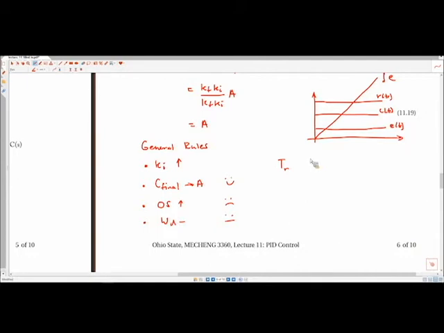It's very dependent on the system. The biggest thing is this can cause really long settling times. If you don't do this correctly, this is considered to be a bad thing. Okay.